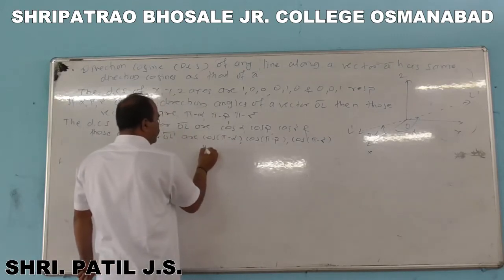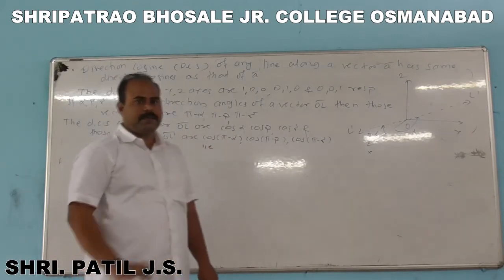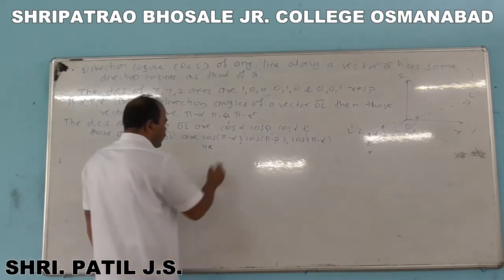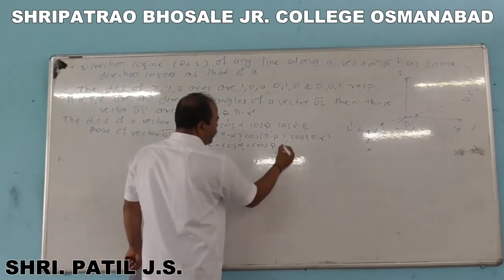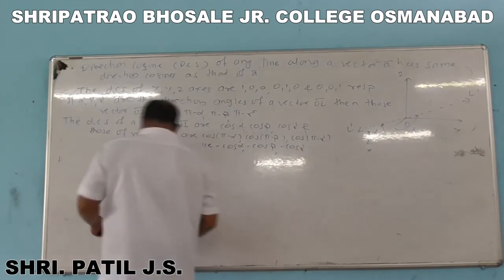You know that cos of pi minus theta means minus cos theta, so minus cos alpha, minus cos beta, minus cos gamma.